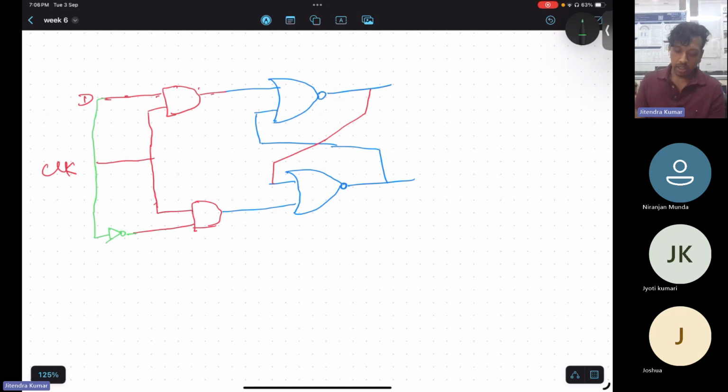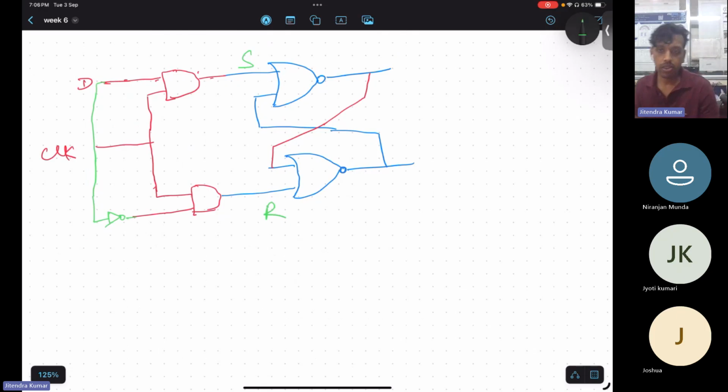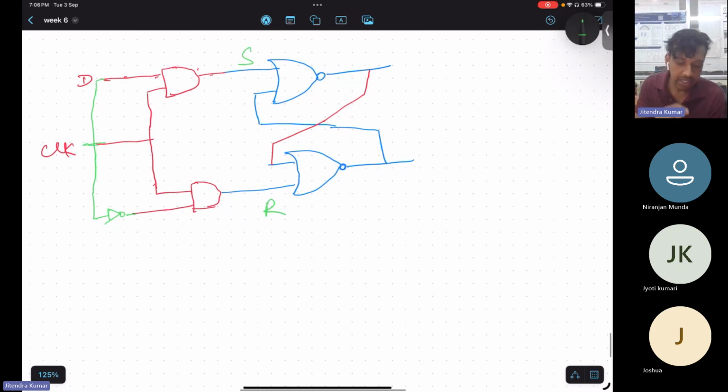With one inverter to the other AND gate, right? So it was S, it was R, it is like that. Okay. Now, when this clock is provided, then only your output Q and Q bar are going to act.